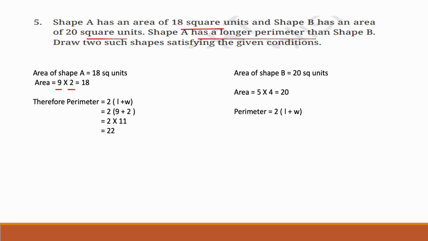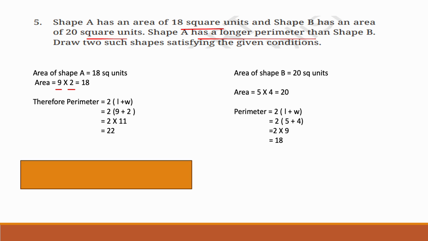Its perimeter is 2 into (L plus W), that is 2 into (5 plus 4), that is 2 into 9, that is 18. So we can draw shapes like this. First rectangle, shape A with the length as 9 and width as 2. Then second rectangle, length 5, width 4.